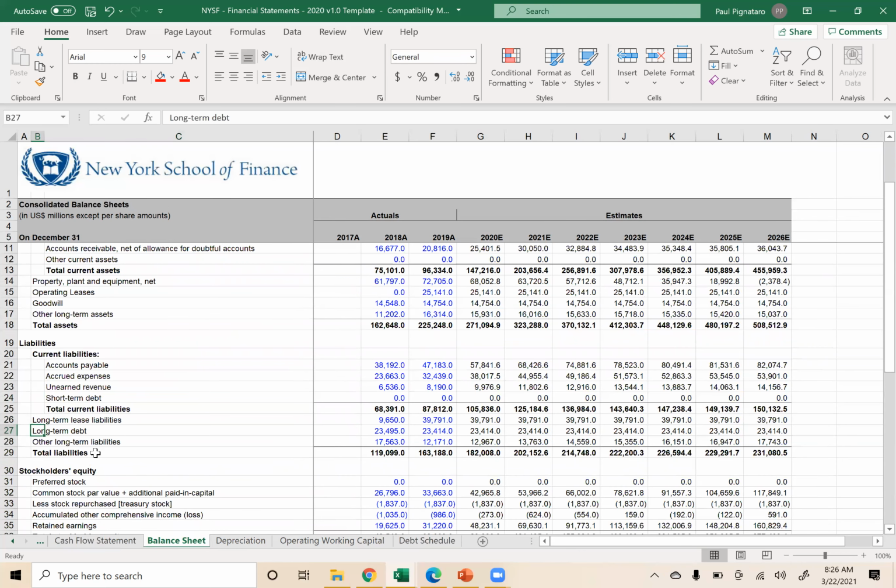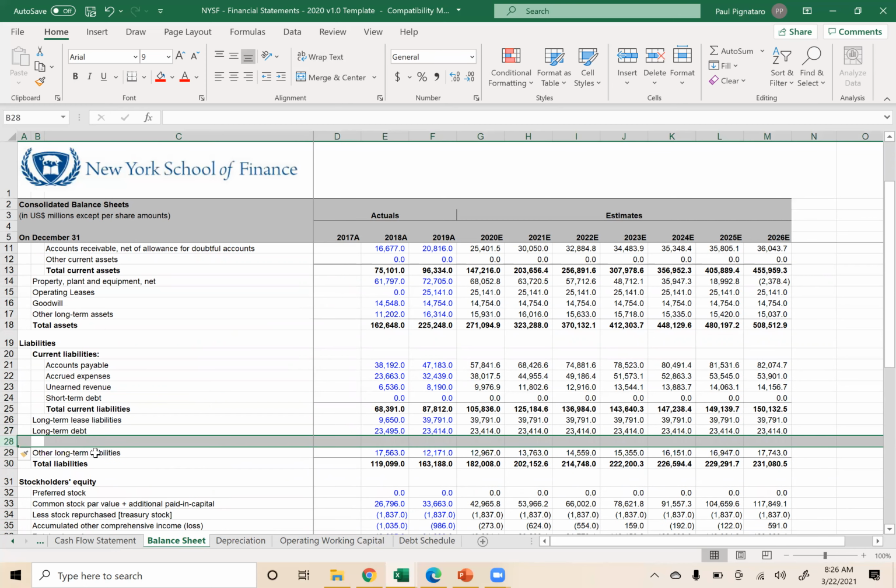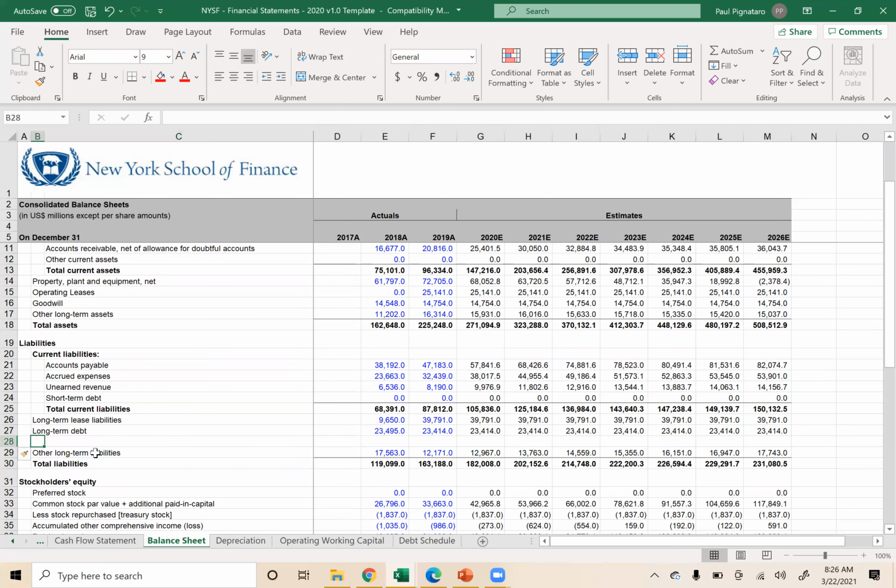add. So what I'm going to do is add a row here to reflect long-term financing obligations. I'll put it under long-term debt. I'm going to go Shift space bar, Control Shift plus, long-term financing obligations.